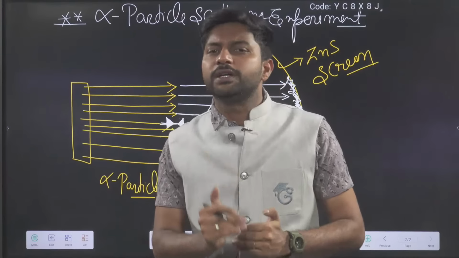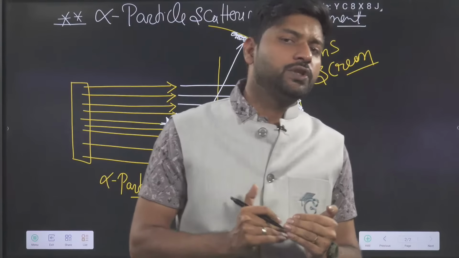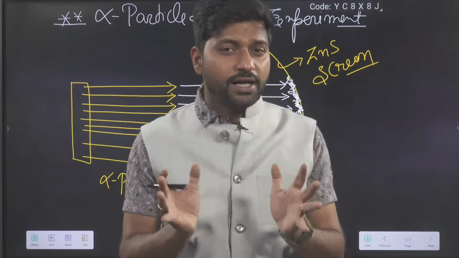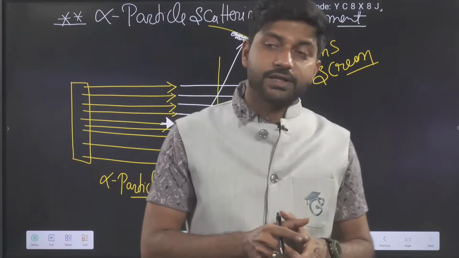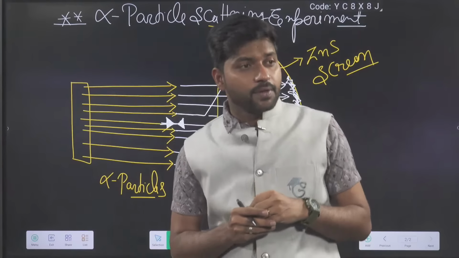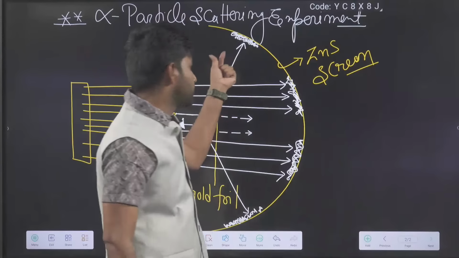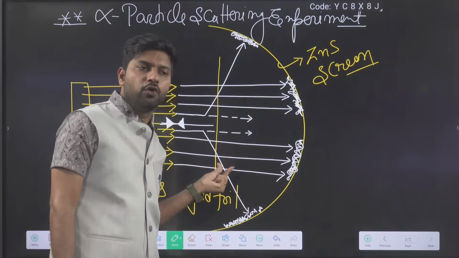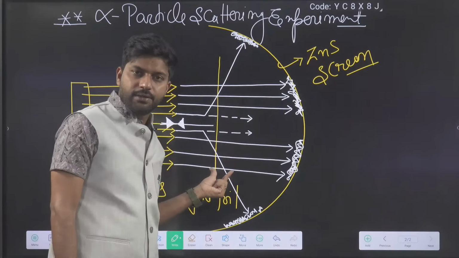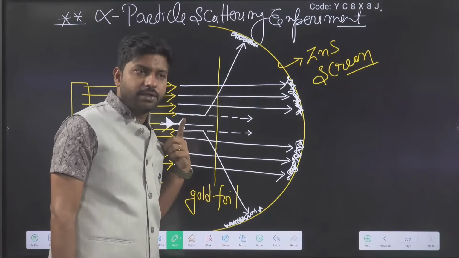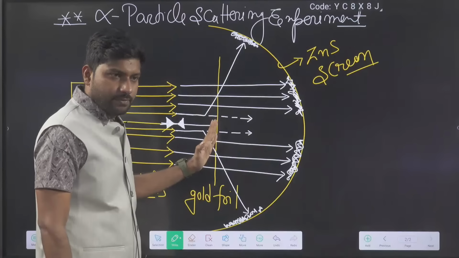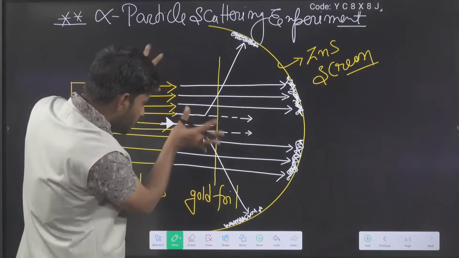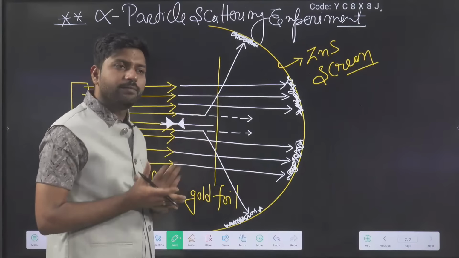Now from here, Rutherford started to think why all these things happen. What is the logic? What is the reason? Because it is gold foil, obviously inside that gold atoms are present.